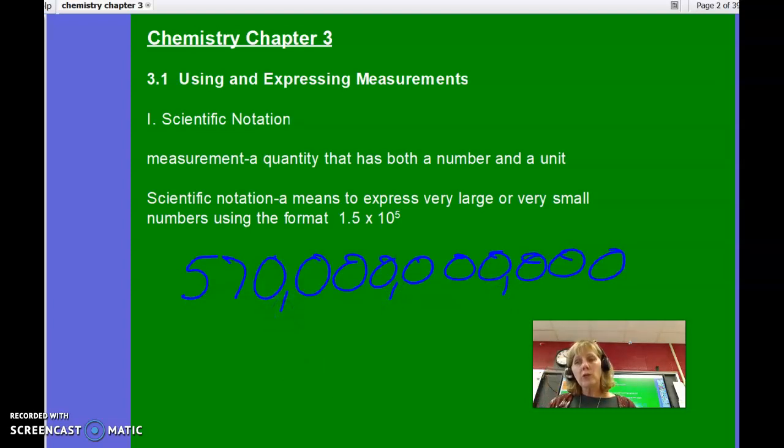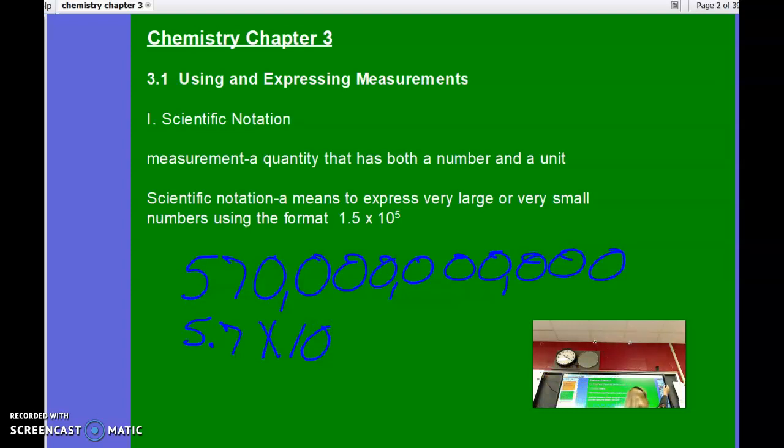A much easier way to represent this is scientific notation. So scientific notation always has one number before the decimal. That's always the right way. So it's going to be 5.7 times 10 to the something or other. And how do we know what that exponent is?